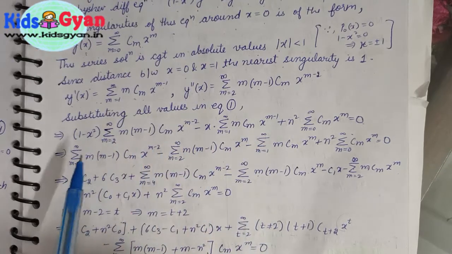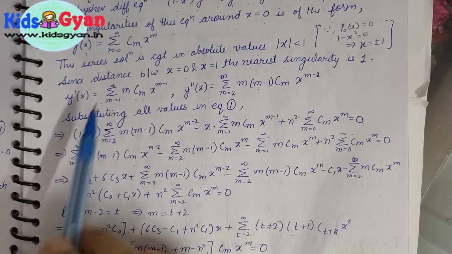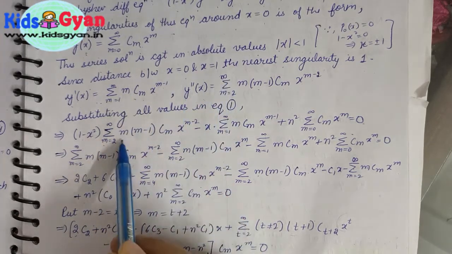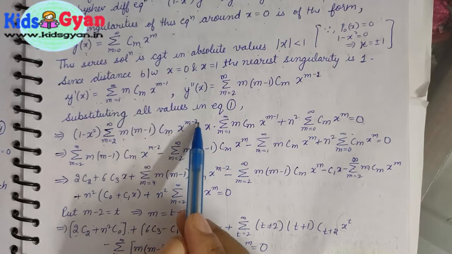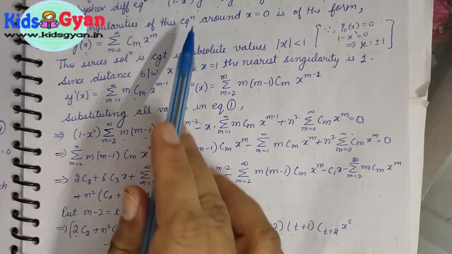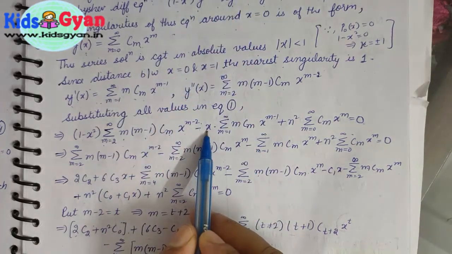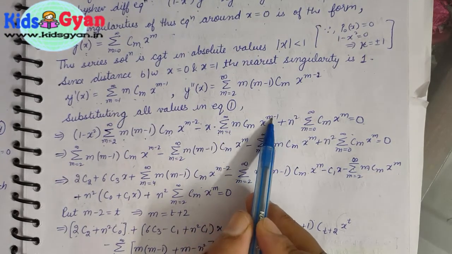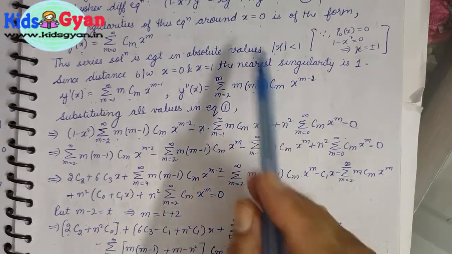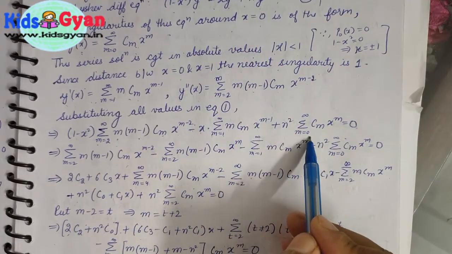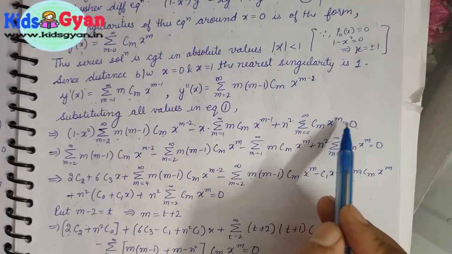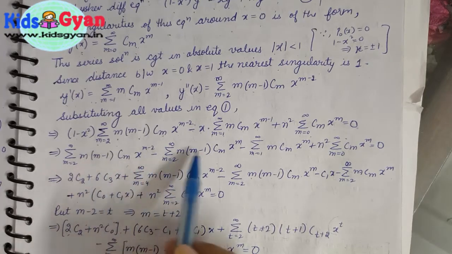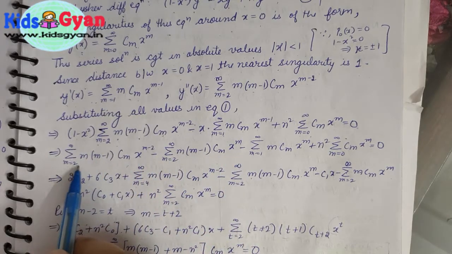Now substituting all these values in equation 1: (1 − x²)y'' is summation m = 2 to infinity m(m−1) c_m x^(m−2), minus x y', where x y' is summation m = 1 to infinity m c_m x^m, plus n² summation m = 0 to infinity c_m x^m, equals 0.